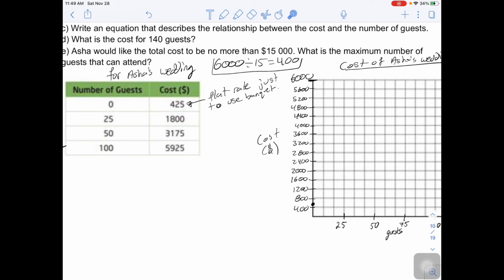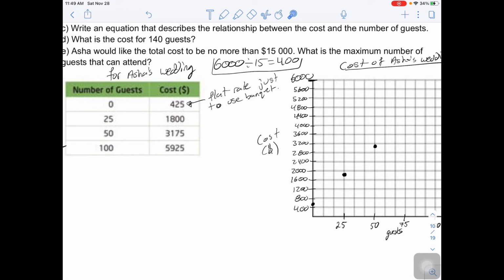That's going to be right there. 50 guests cost $3,105, and you're going to have to roughly estimate, so that's going to be very close to 3,200. So 50 and 3,000, something like this.